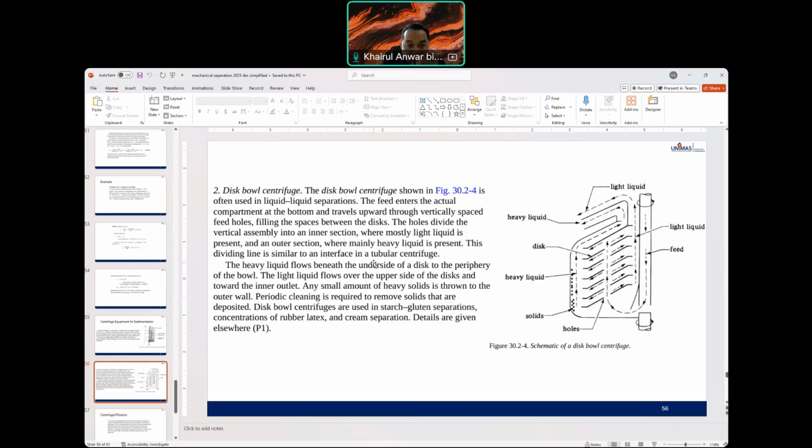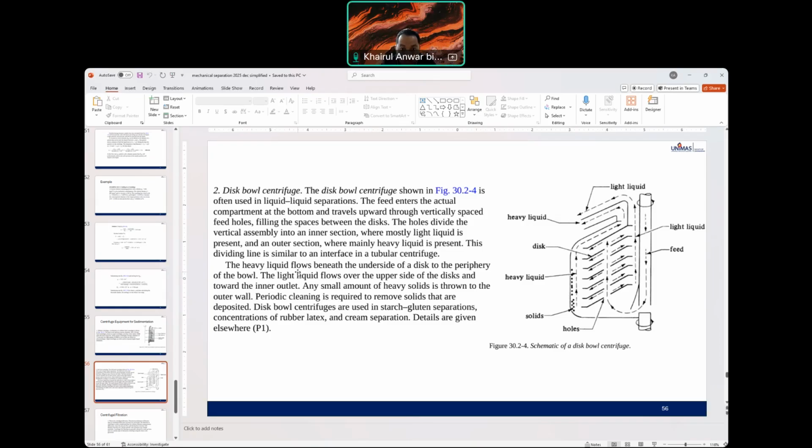So this is the light liquid, the heavy liquid, and this is the solid. The heavy liquid flows beneath the underside of the disc to the periphery of the bowl.